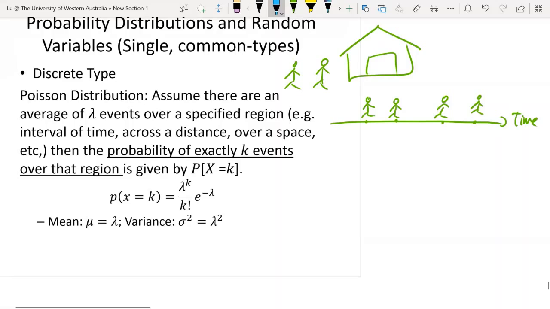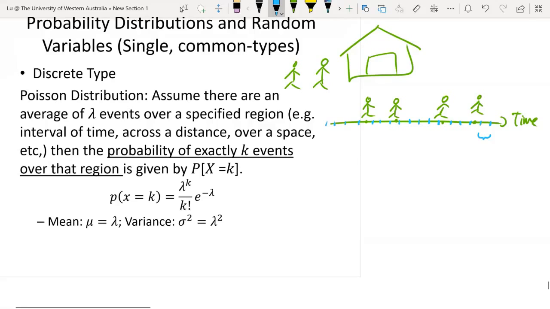But if we divide the time axis into a sequence of equally spaced time instances, this equally spaced time interval should be very small. All these blue points indicate the time ticks. If we focus on within one single unit time, what is the average number of customers that come into your system? This is modeled by the Poisson distribution.